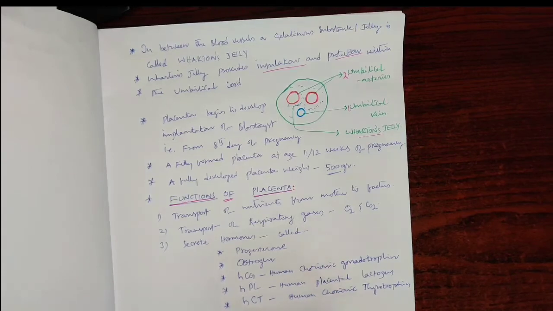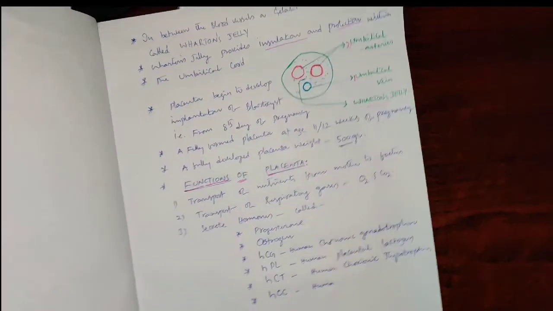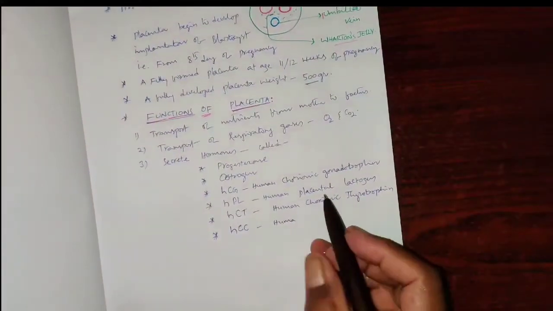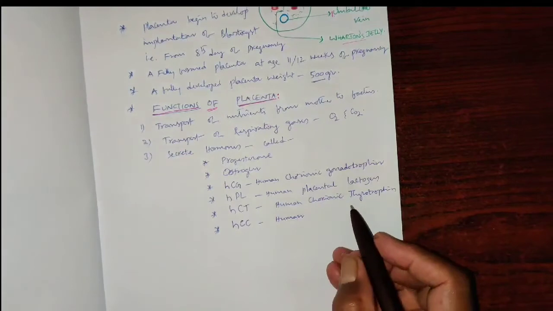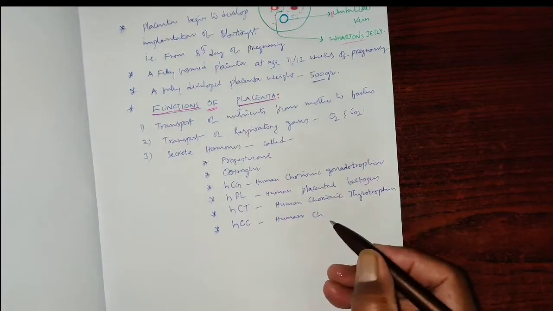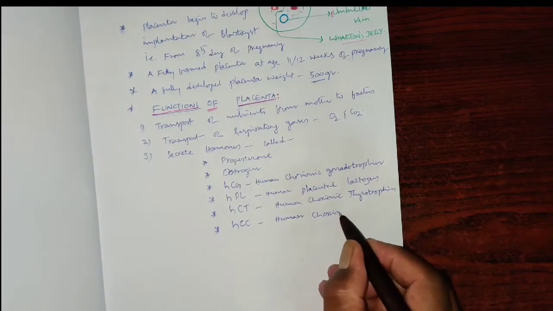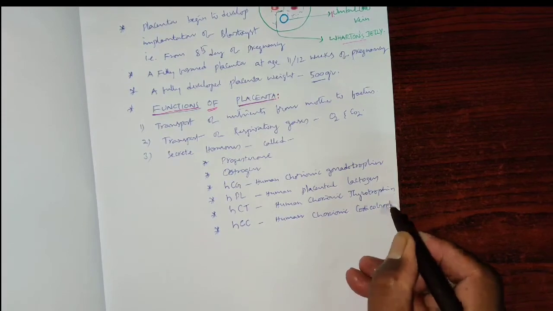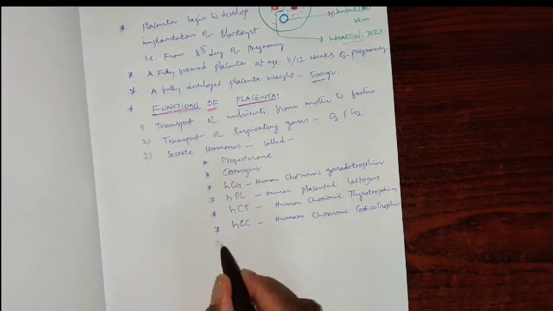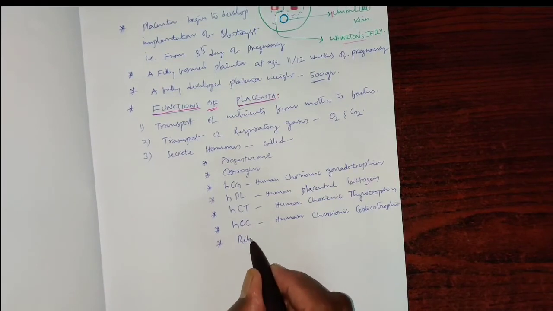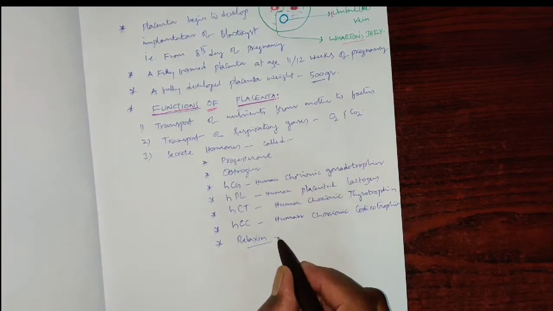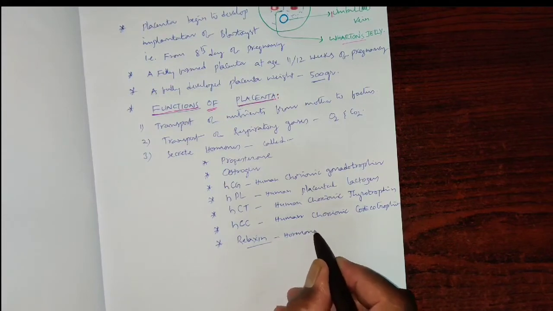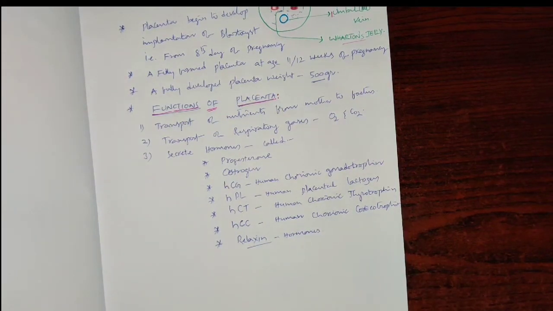Another hormone is human chorionic corticotrophin, and it also releases relaxin hormone. These are the hormones which are secreted by the placenta.